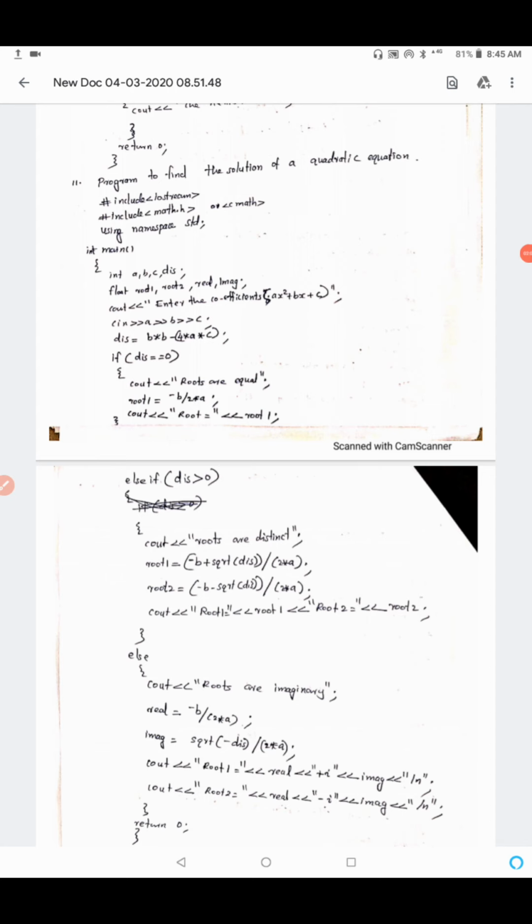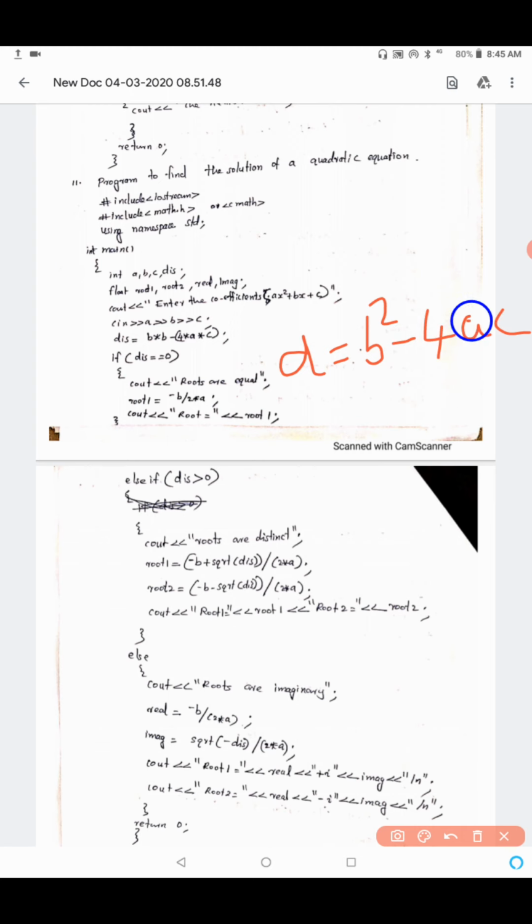So first we have to find the discriminant d equal to b square minus 4ac. This is the formula to find the discriminant.